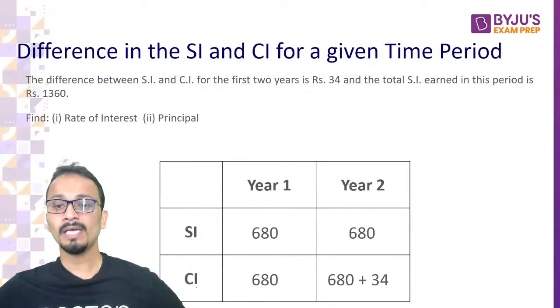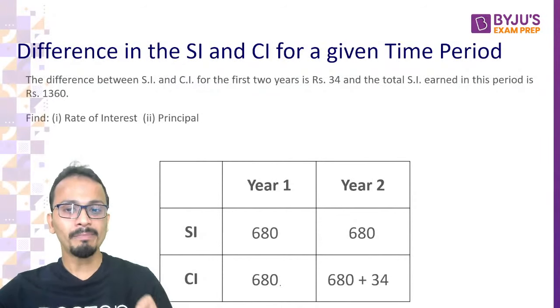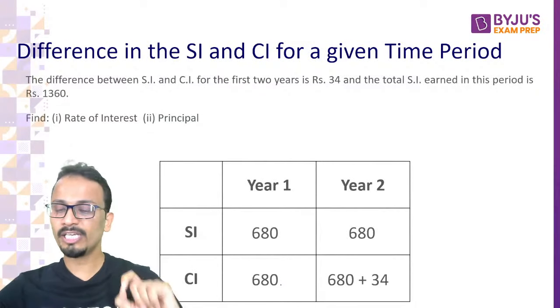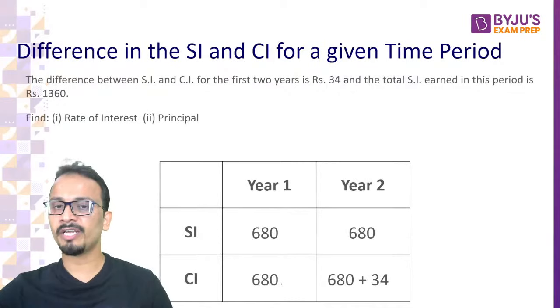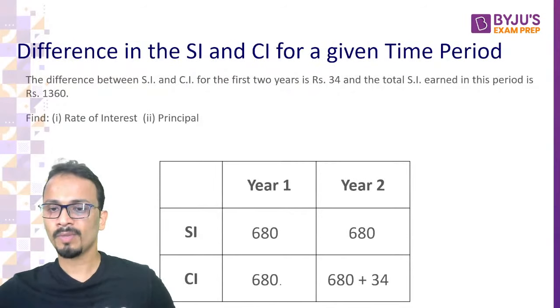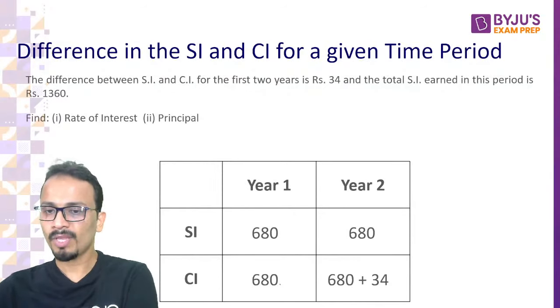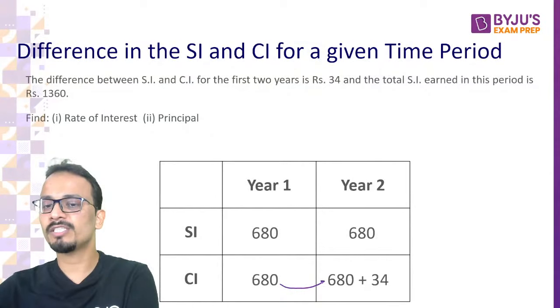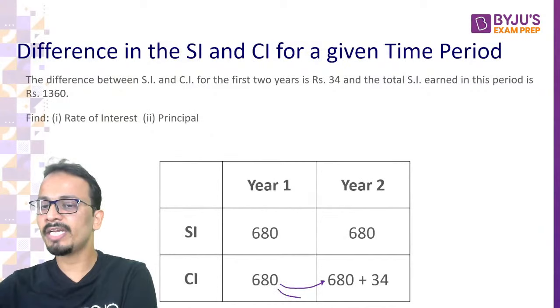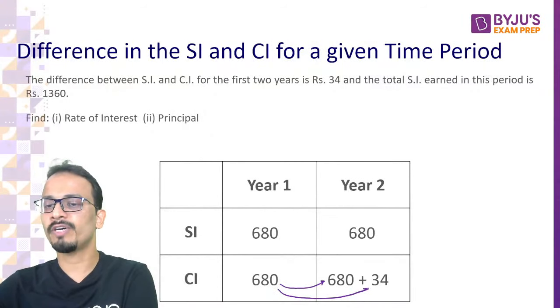All right. Now, if you recall the illustration that I have taken on the previous page, to calculate the interest of second year, we copy the interest of first year and then generate interest on the interest of first year.